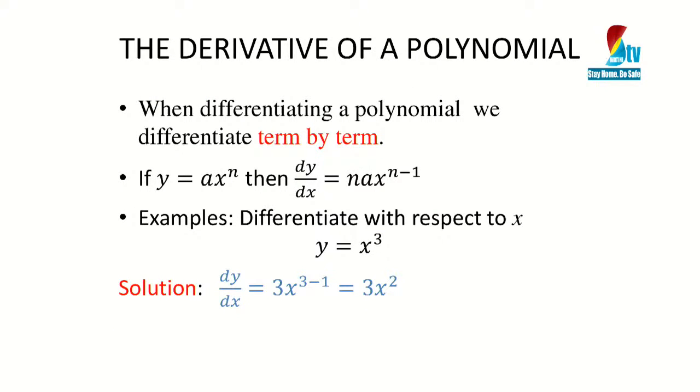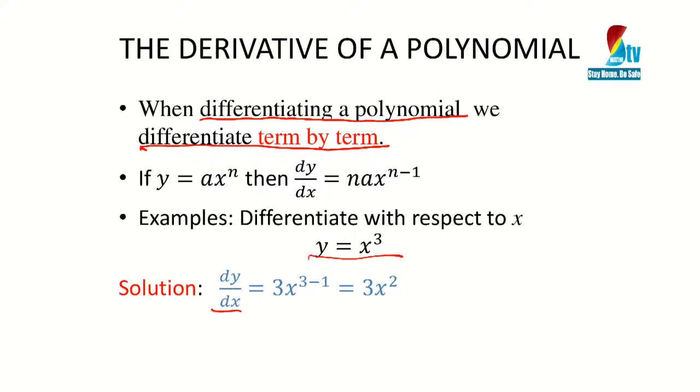Another important thing is that when we differentiate polynomials, which can be a single term or a number of terms, we differentiate term by term. Let us look at our polynomial. We have y is equal to x raised to the power 3.